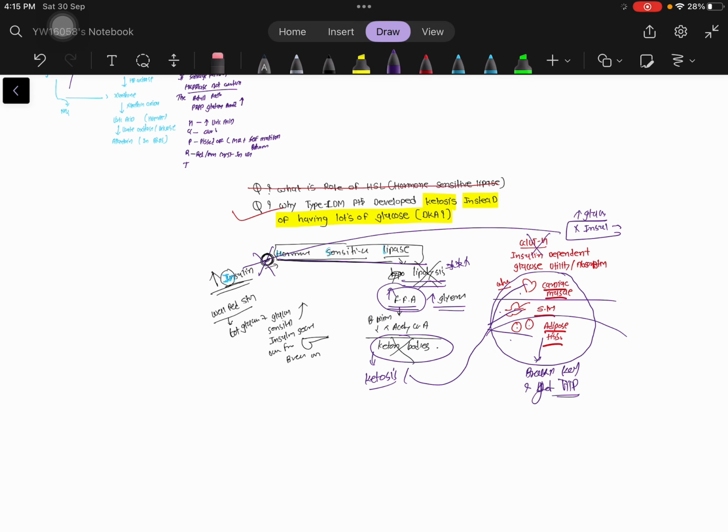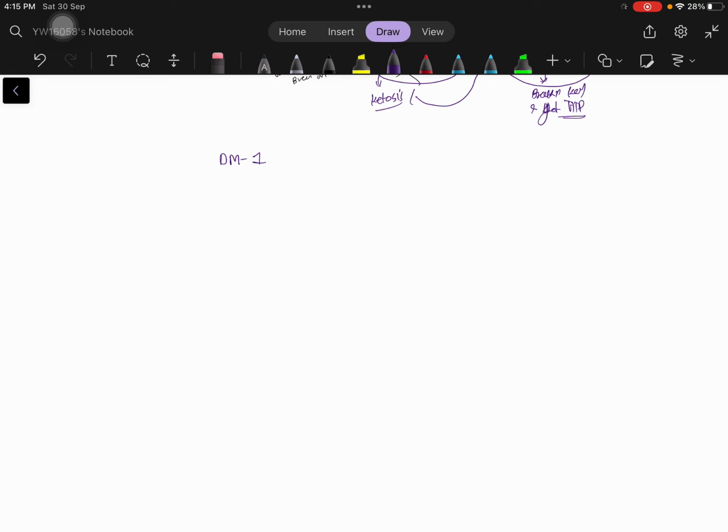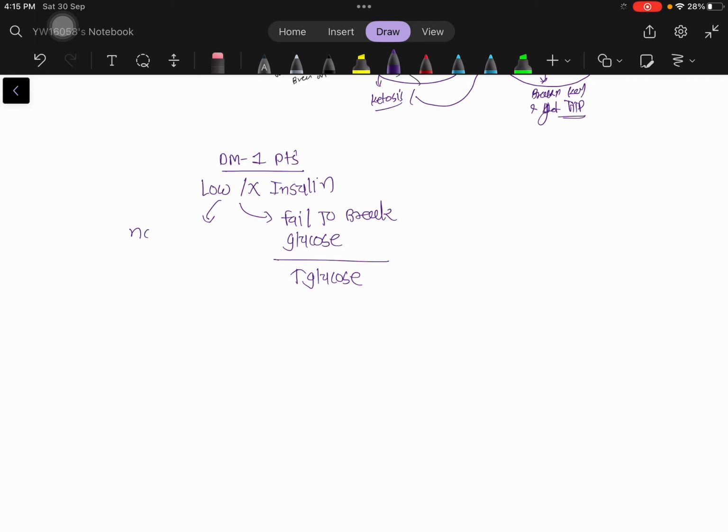So simply, I want to say what happens in a DM1 patient: there is low or no insulin, failure to break down glucose, so there is high glucose, no inhibition of hormone sensitive lipase, there is lipolysis, ketone body formation, and ketosis.